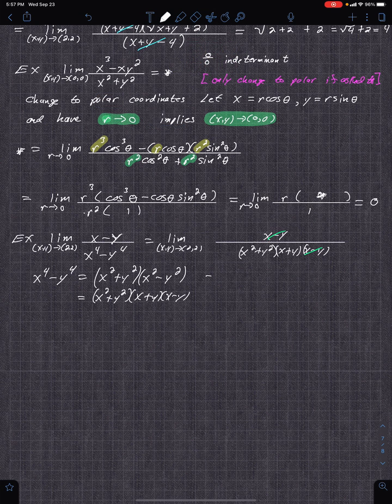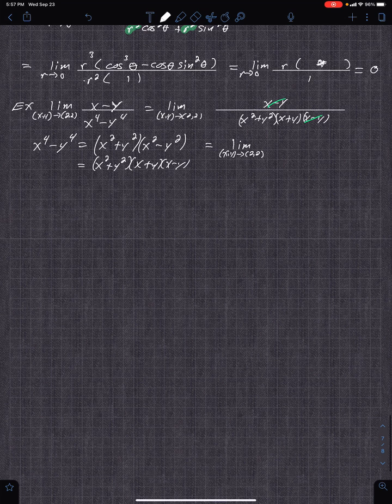So that's equal to the limit as x, y approaches 2 of 1 over all of that. You can just substitute in directly. There's nothing to make it indeterminate or undefined.